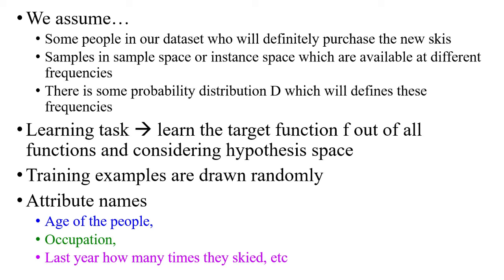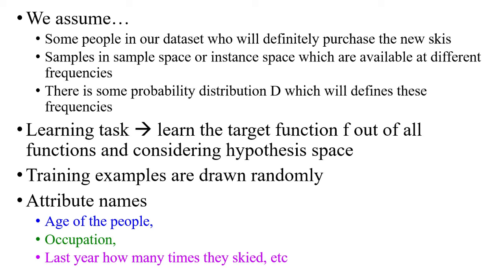Assume that there is some probability distribution capital D which will define these frequencies, that is, there is more probability of getting an instance which will purchase new skis rather than not purchasing it.